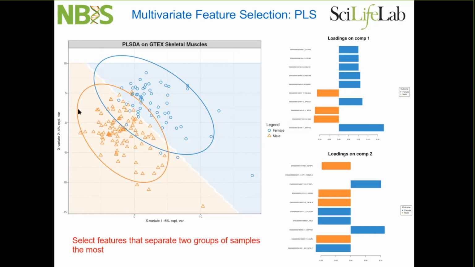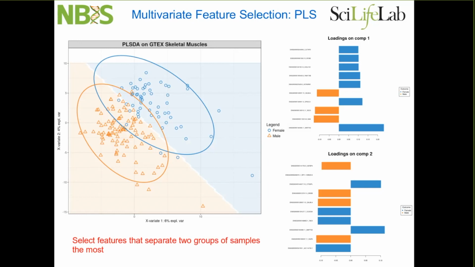Let's select features that provide the largest separation between my classes, between males and females in this case. So essentially we do feature selection through PLS that maximizes the separation between my classes in some latent space.